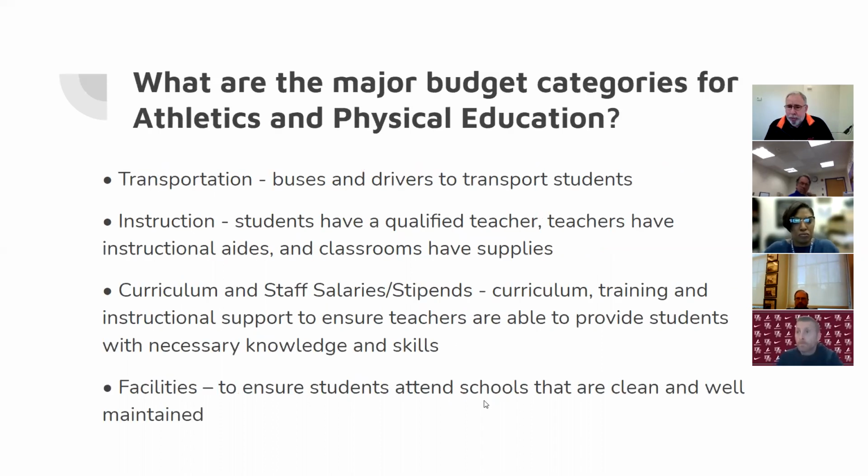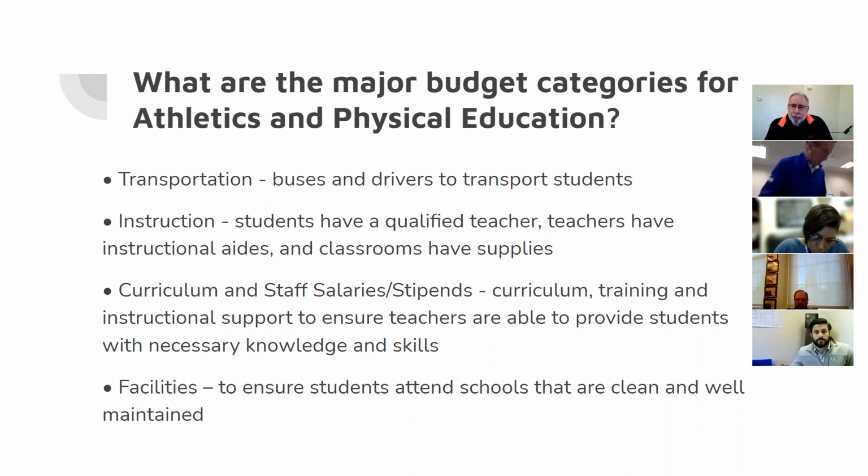So the major codes, the major categories that we deal with: transportation is a bear. It's number one in the cost that you're going to be expending in your athletic department budget. Thinking about what it's costing you to do a trip right now, you may or may not know what it costs, but in this area, Long Island and Westchester, surrounding southeast New York, it could be as much as $600 to $700 for a game trip to have a contract bus do that game trip.